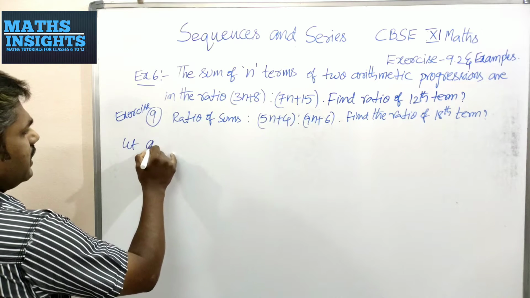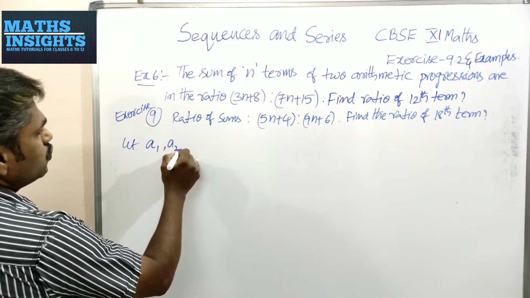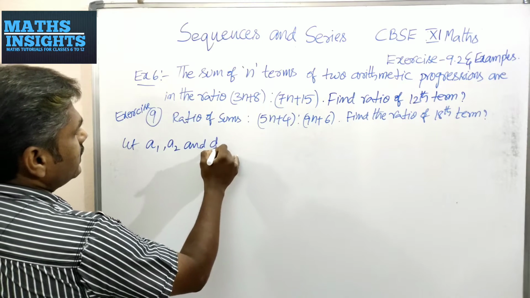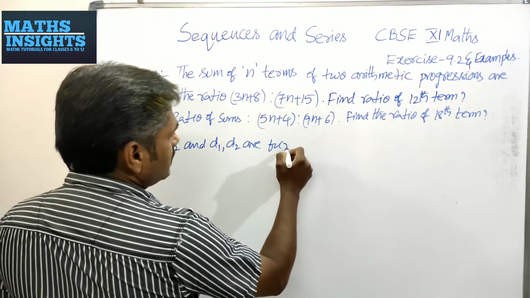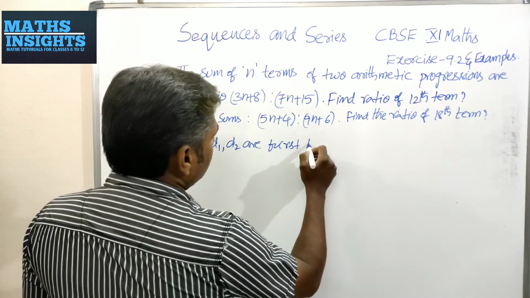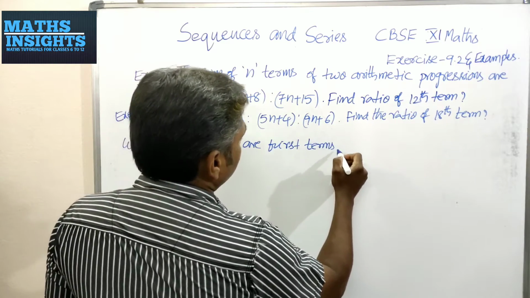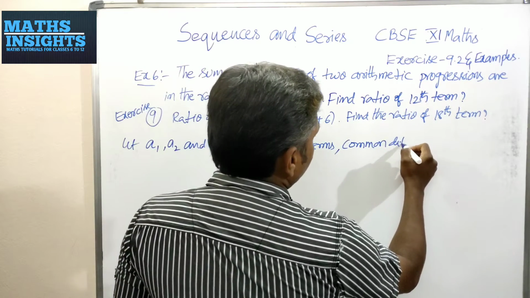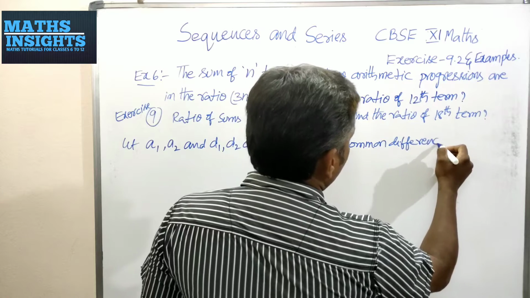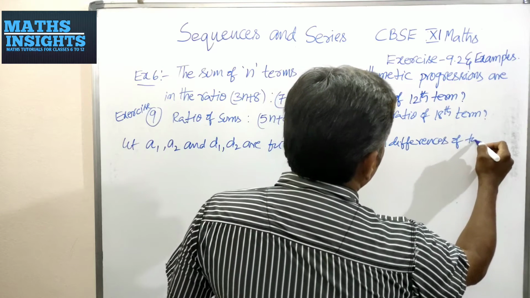Let a1, a2 and d1, d2 be the first terms and common differences of two APs.